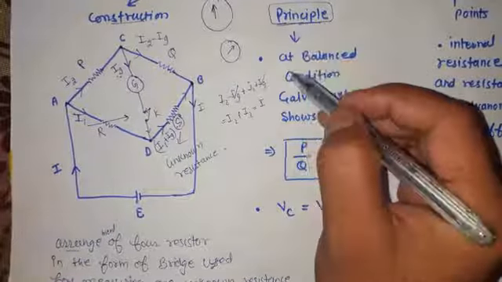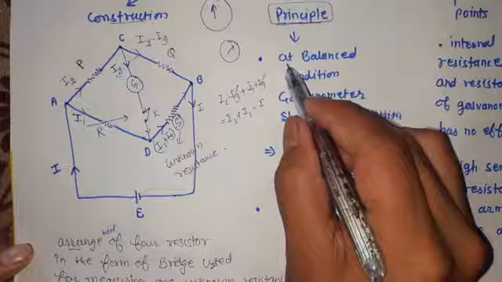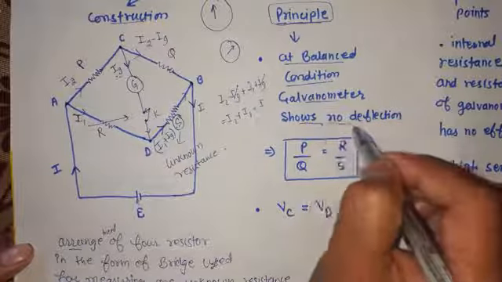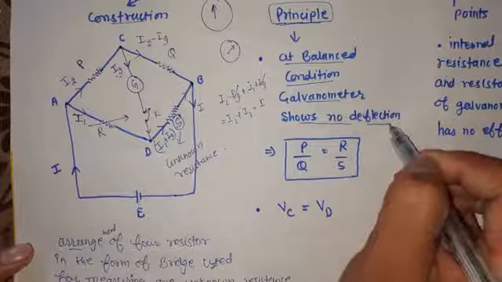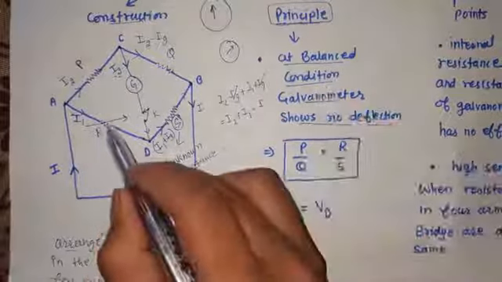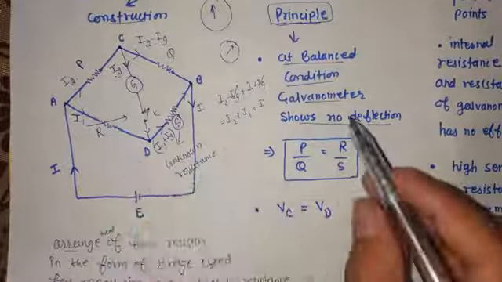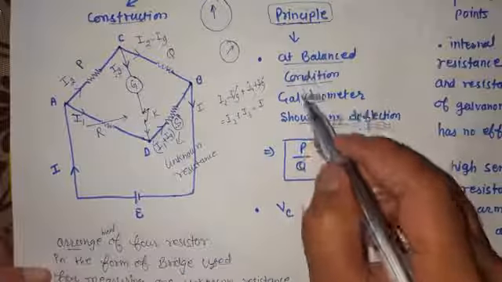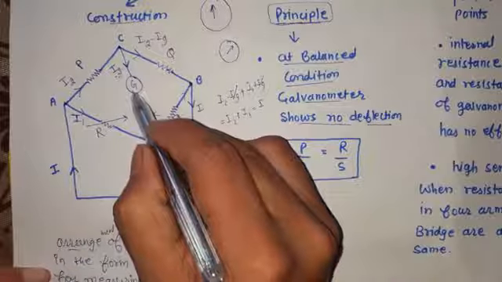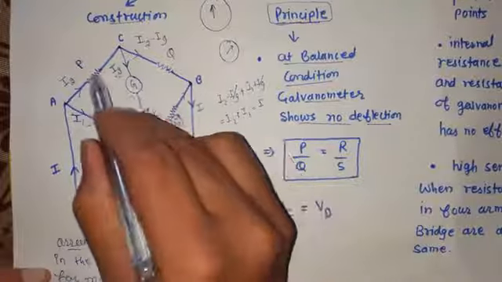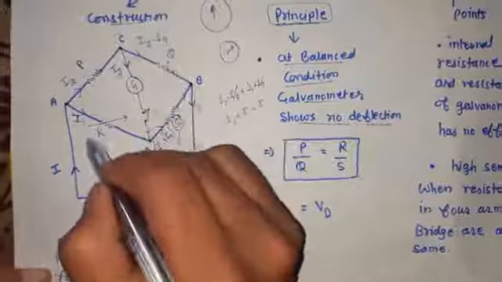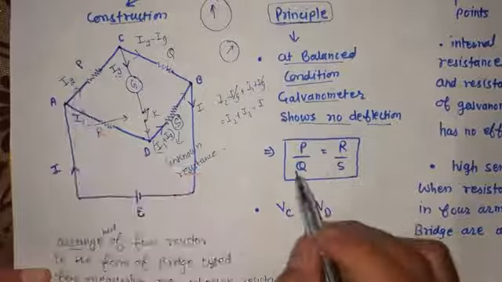So what is the principle of Wheatstone bridge? It is that in the balanced condition the galvanometer shows no deflection. And how do we get this balanced condition? By adjusting the value of R. So when there is no deflection in the galvanometer in the center arm, at that time the ratios of the resistances in the arms are equal.